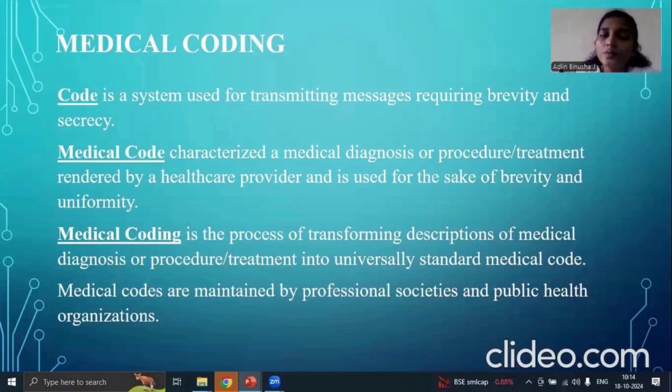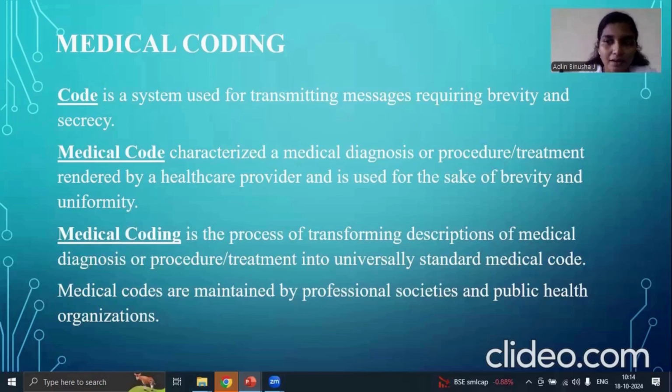Now, what is a medical code? The patient visits the doctor for consultation about their disabilities or some issues in their body. The doctor will examine them, note all the medical conditions, diagnose them, and write a report.